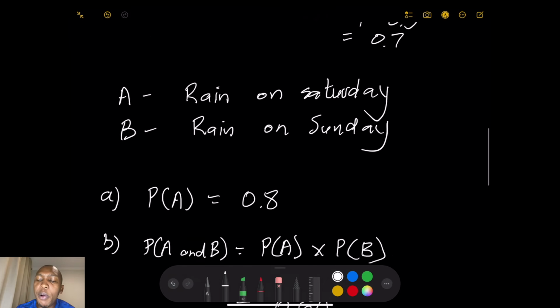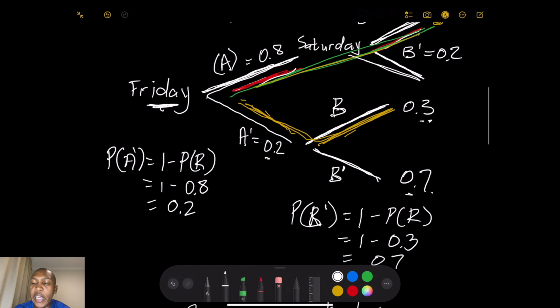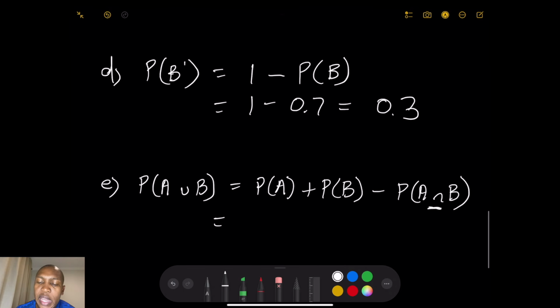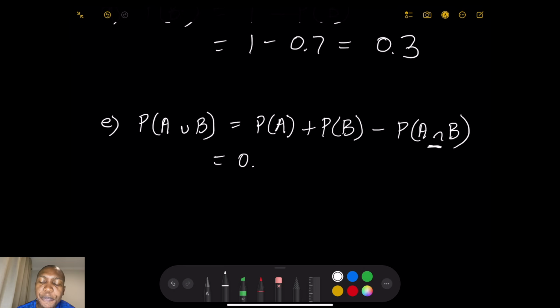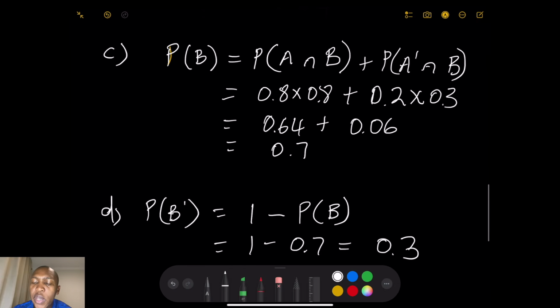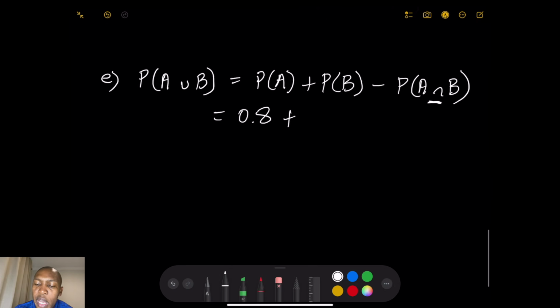Right, now what's the probability of A in this particular case? And I'll show you just another way in which you can look at that. So what would be the probability that it rains on a Saturday? In this case, we said that's 0.8, right? So remember that was 0.8. What is the probability that it rains on Sunday? In this case, we calculated that. We said, well, that's 0.7, okay? Right, and we subtracted that.